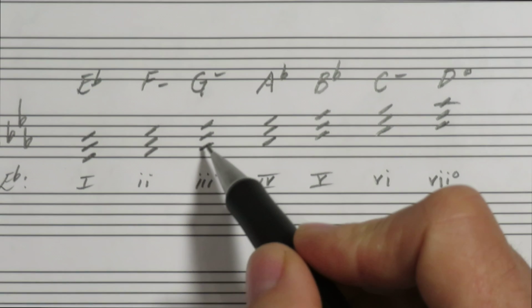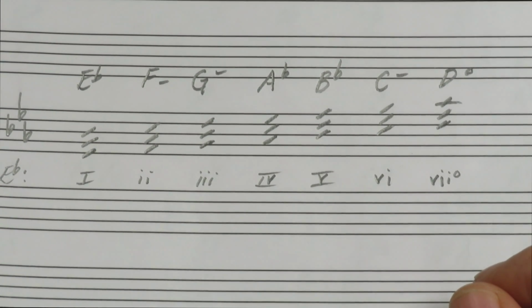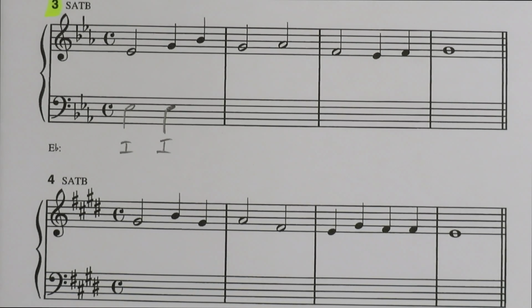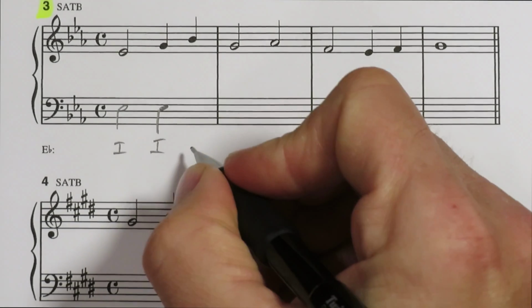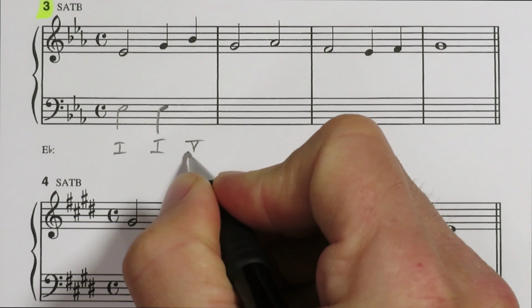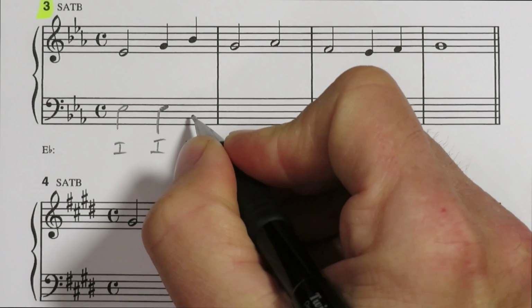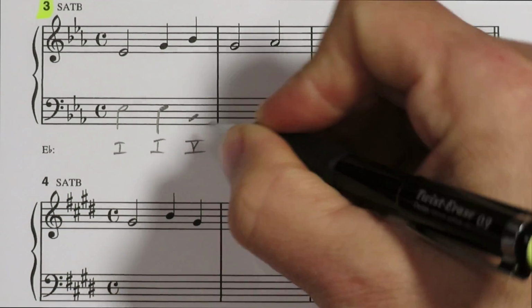So we can choose the 1, the 3, or the 5 chord. Let's see, instead of staying on the 1, let's try going to the 5. Establish the key, and I'll put a B flat here.